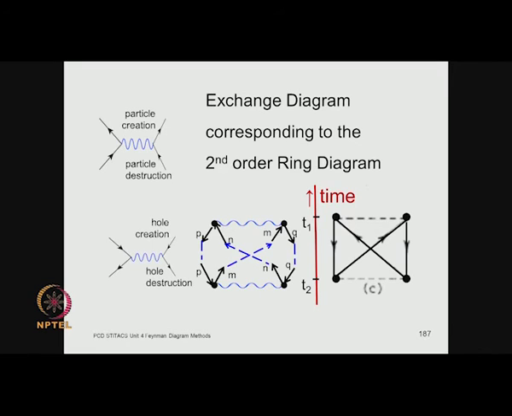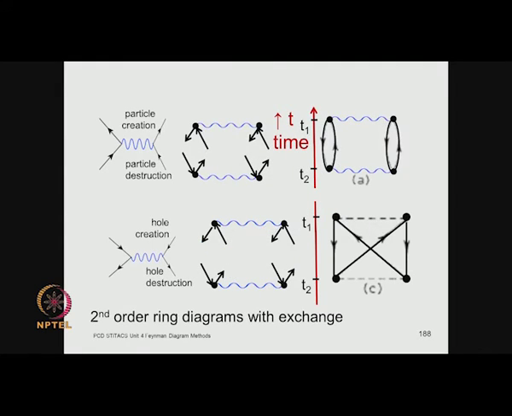Sometimes you can refer to this as terms with exchange, but that goes without saying, because there is no point in including one type of second order term but not another, because all second order corrections should be taken into account on the same footing. So, this term automatically goes in. This is the exchange term corresponding to the ring diagram.